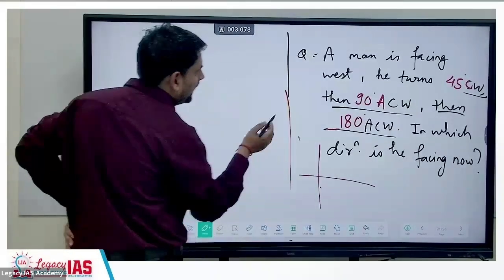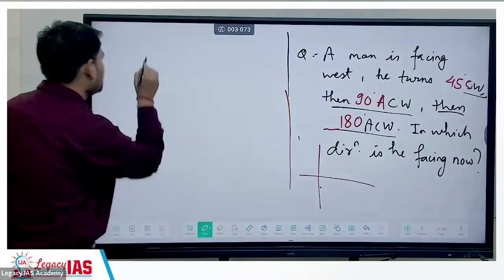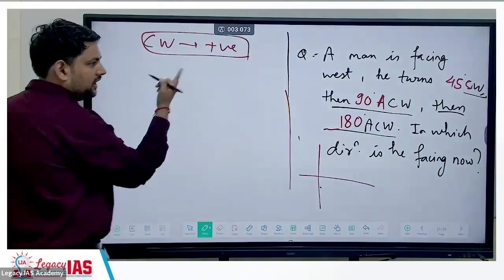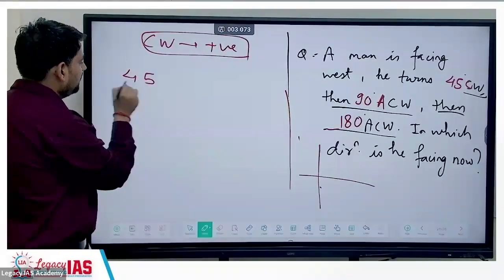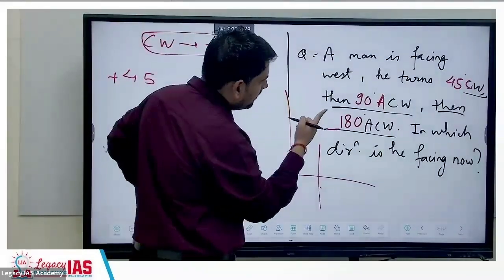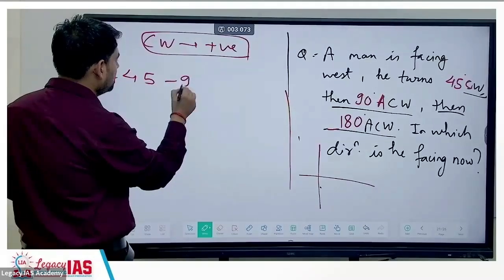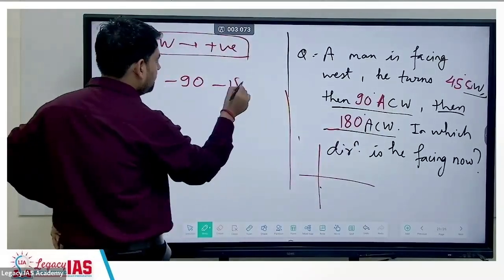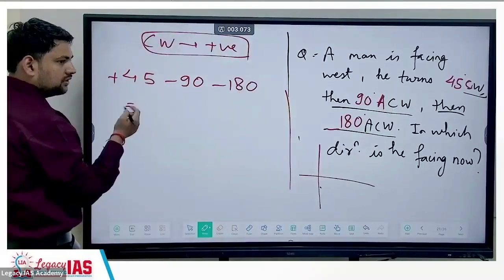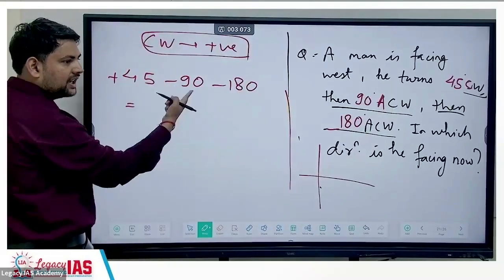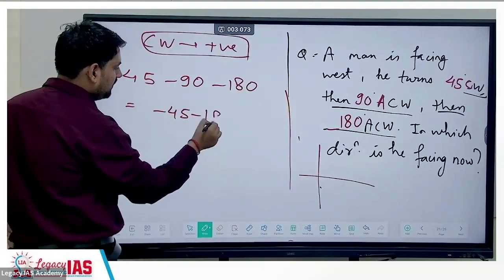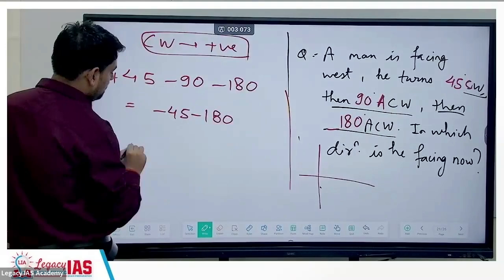Okay. Again, what is written? 45 degree clockwise. What do we take? Clockwise as positive. 45 degree clockwise positive. Then 90 degree anti-clockwise, minus 90. Then 180 degree anti-clockwise, minus 180. What do you get? This is 45 minus 90 minus 45 minus 180. What do you get to?